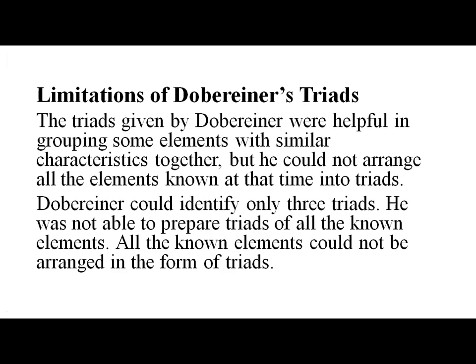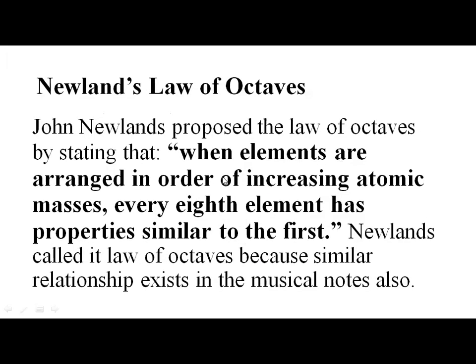So Dobereiner could identify only 3 triads. He was not able to prepare the triads of all the known elements, and all the known elements could not be arranged in the form of triads. Yes, so that was the limitation of Dobereiner's law of triads.